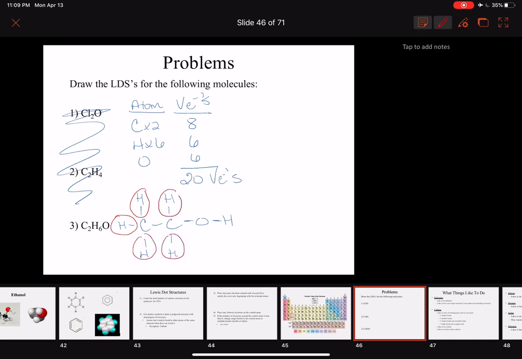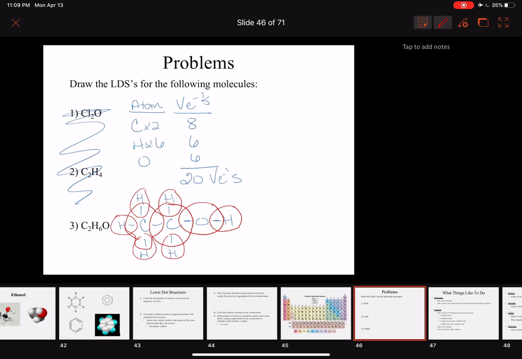They're sharing those 2 electrons, so they're pretending they have their duet. And all of our carbons, oops, that goes down there, have 2, 4, 6, 8 around them and 2, 4, 6, 8 around it. But what we can see is that that oxygen isn't happy.